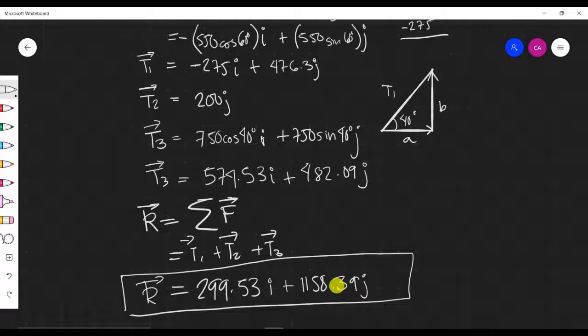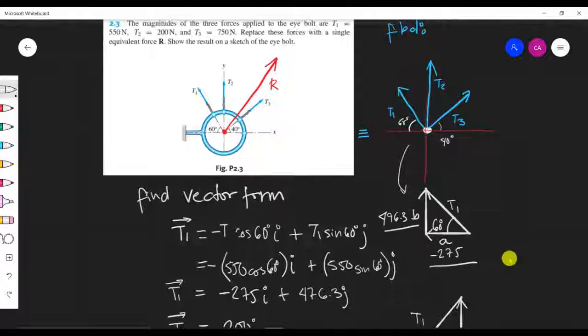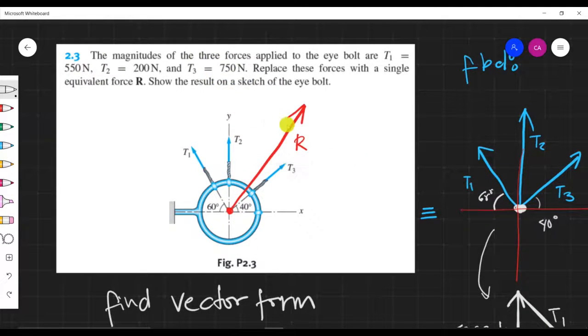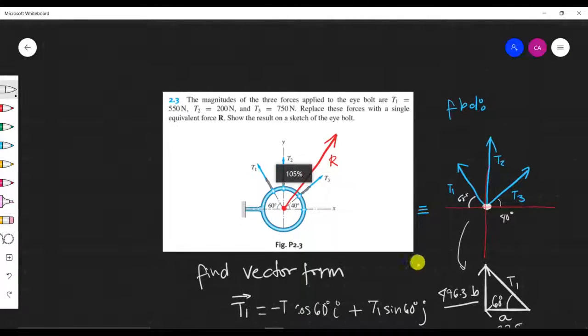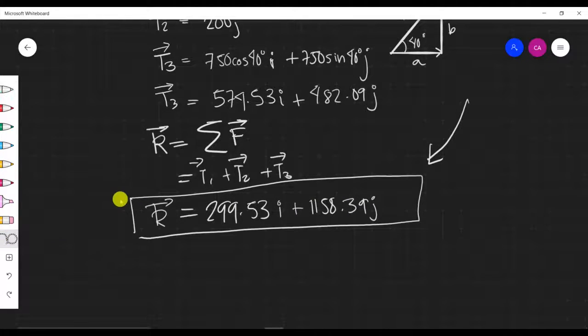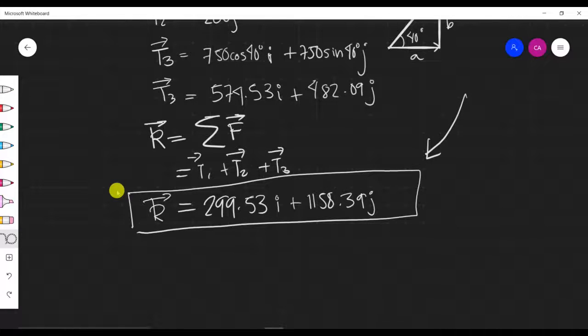Okay, now, since nakuha na natin yung sagot, check natin yung tanong, no? So, ang tanong lang naman, replace these forces with a single equivalent force R. Show the result on a sketch of the eye bolt. Okay? So, ibig sabihin nun, copyhin natin to.